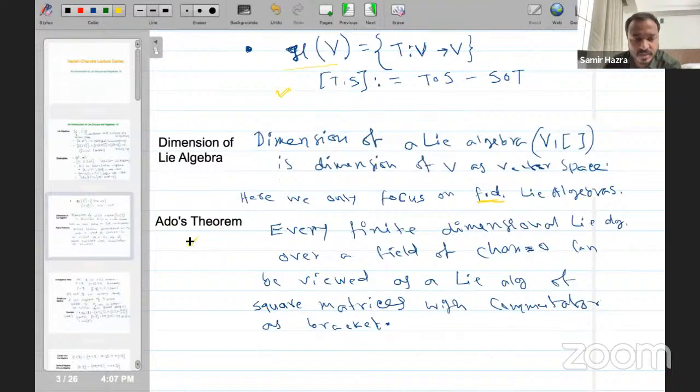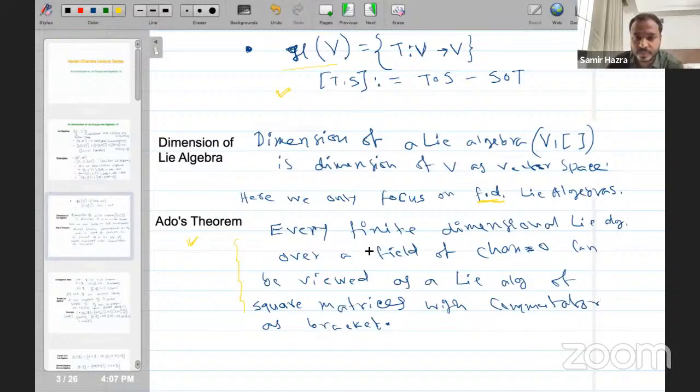This is a really high-level theorem on Lie algebras. A basic introduction to Lie algebras may not talk about this, but there's no harm in knowing this theorem because it gives a bigger picture.